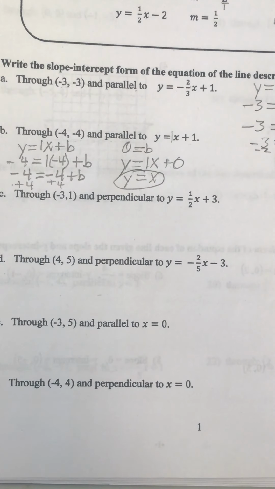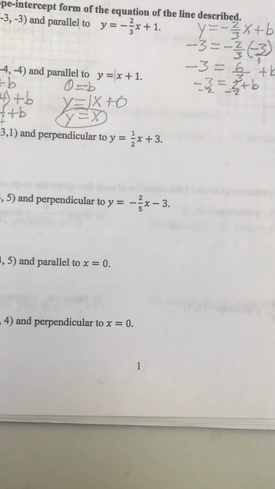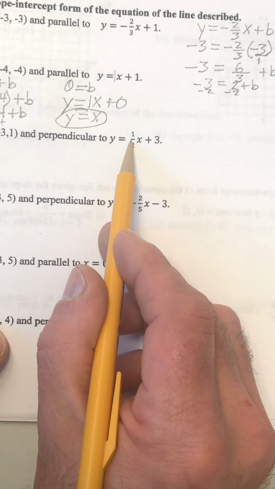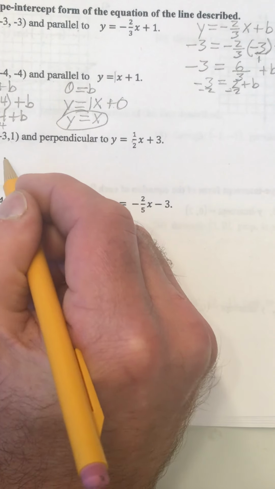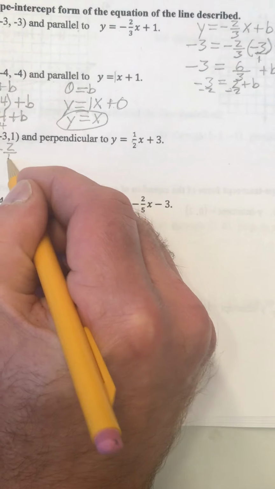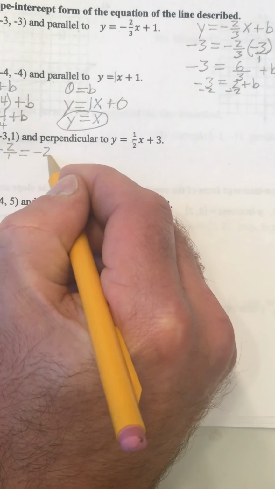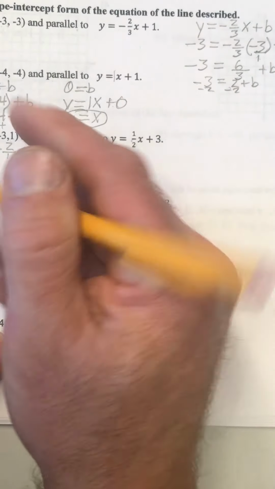Okay, now we're getting into some perpendiculars. So we want the negative reciprocal, so they'll be perpendicular. y equals negative 2 over 1, which is equal to negative 2. I'm sorry, that should have been m.